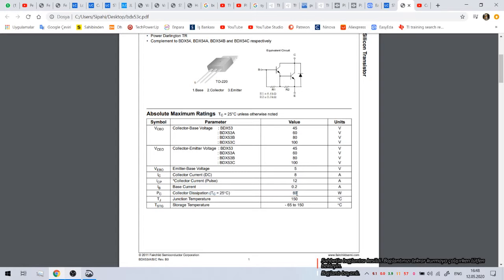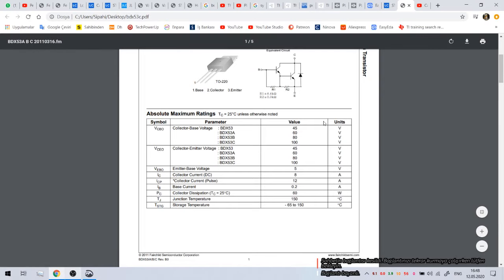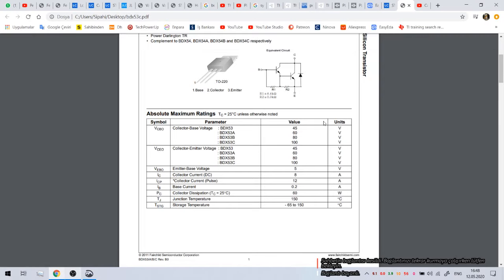We cannot use this with 100 watt. What is the reason we are not using a higher wattage? If we can cool it properly with a proper heatsink, maybe we can use it at a much higher wattage.